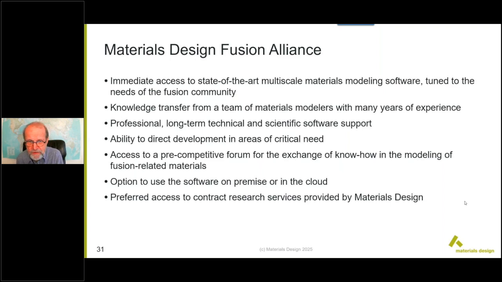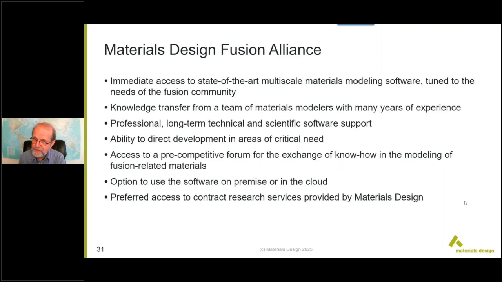And you can use this software either on-premise or in the cloud, whatever your preference might be. And you have access, preferred access, to the contract research services that we provide at Materials Design. And for example, I mentioned this collaboration with the United Kingdom Atomic Energy Authority. That's done in the form of contract research, but it's really a very close scientific technological exchange.